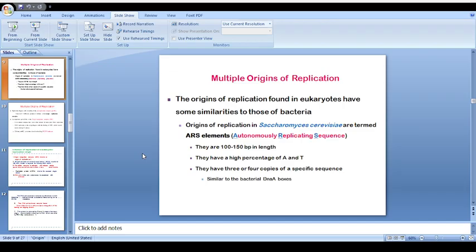The ARS elements are about 100 to 150 base pairs in width, and moreover they are highly rich in AT sequence like our 13 base pair and 9 base pair repeats. There are 3 to 4 copies of the specific sequence available, which is similar to the DnaA box, that is 13 base pair and 9 base pair repeats of our prokaryotes, that is bacteria.